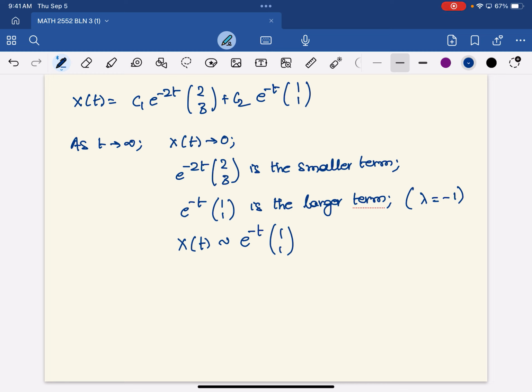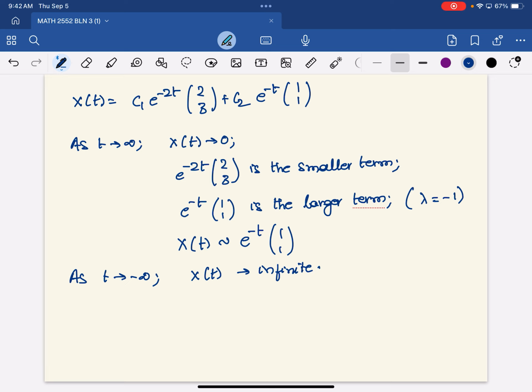Now as t goes to negative infinity, you can see that my solution x of t becomes infinite or unbounded. Why? Because when t is negative infinity, both the exponential terms go to infinity, so my solution becomes unbounded. Do you agree with me on that?